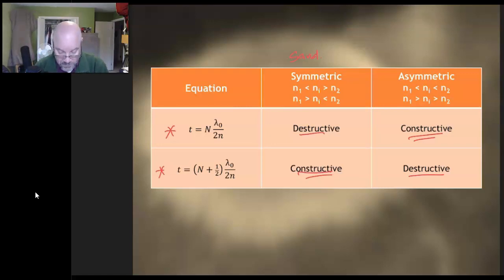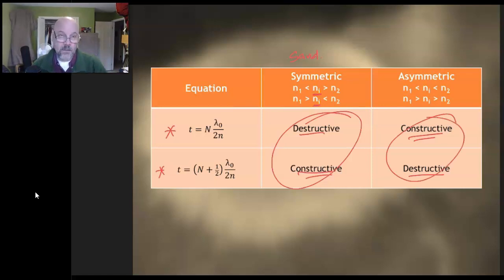So see here, my N is greater than both, or my N is less than both. Then I have that situation. If my wave is slowing down even more, or speeding up even more, then I've got these conditions here. Now there's not any real good way to keep those straight.